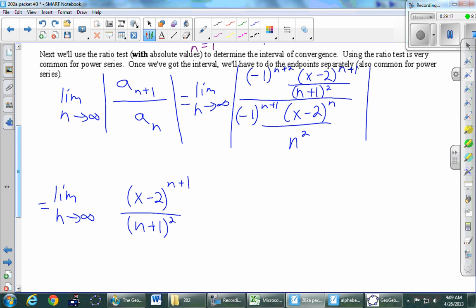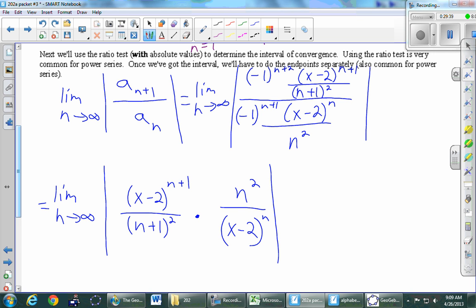But then this is the trick where we change division to multiplication. And what do we do with the bottom fraction? Flip it. So n squared over x minus 2 to the n. Still absolute value.